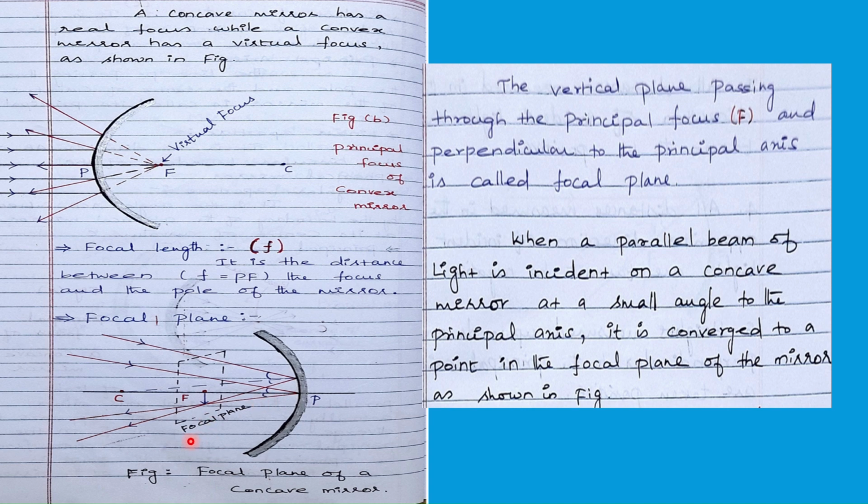When a parallel beam of light is incident on a concave mirror at a small angle to the principal axis, it is converged to a point in the focal plane of the mirror, as shown in the figure. Clear?